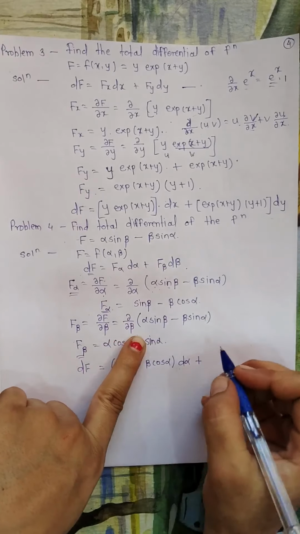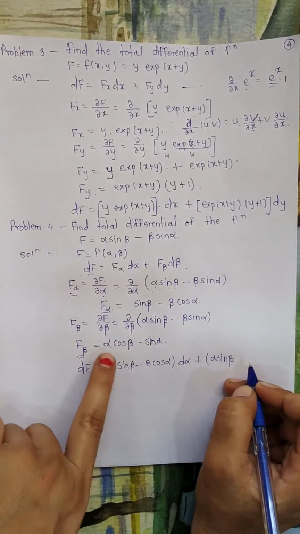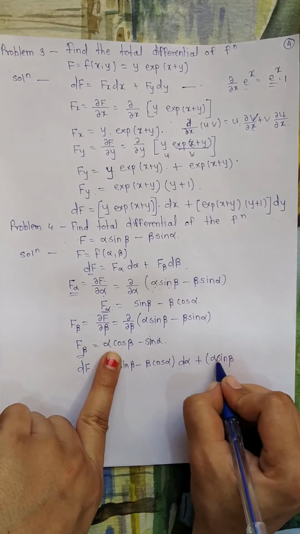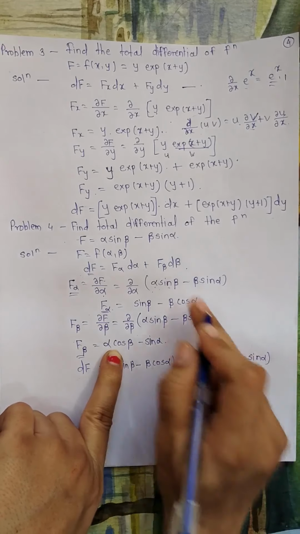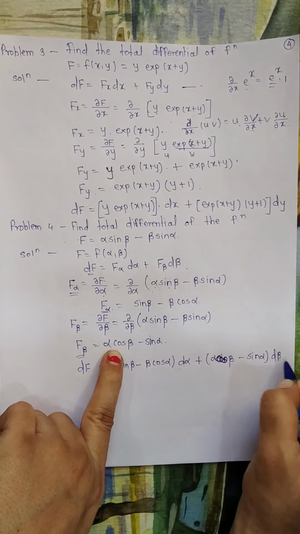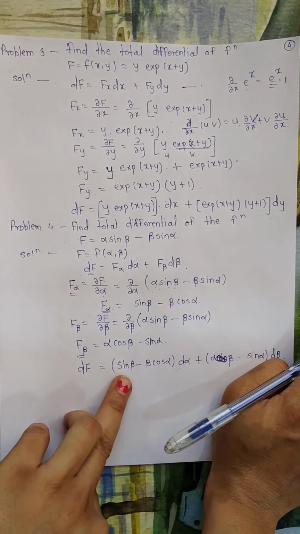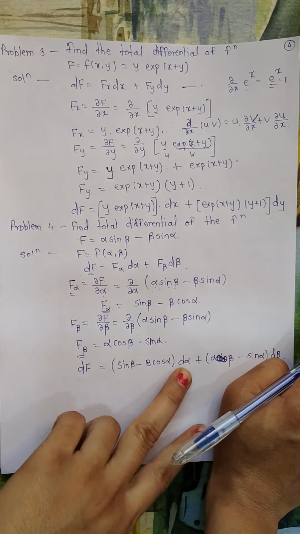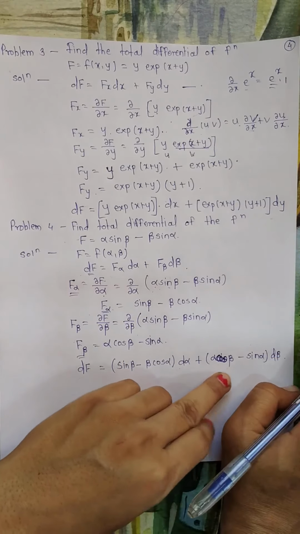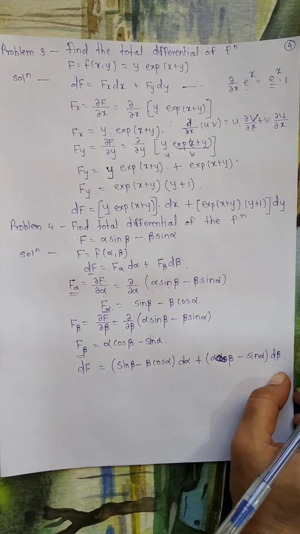This is f beta: alpha cos beta minus sin alpha, into d beta. So this is our df, that is sin beta minus beta cos alpha into d alpha plus alpha cos beta minus sin alpha into d beta.